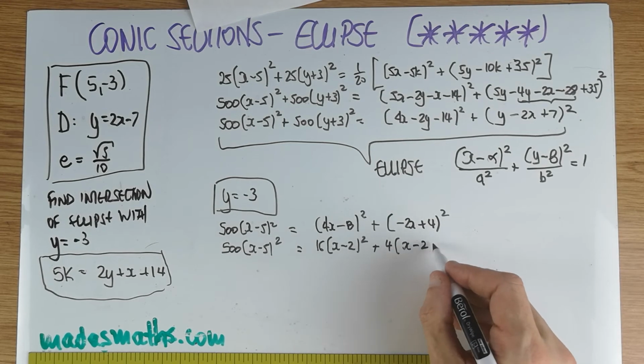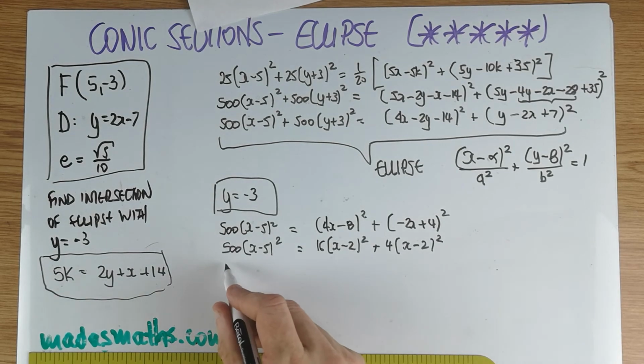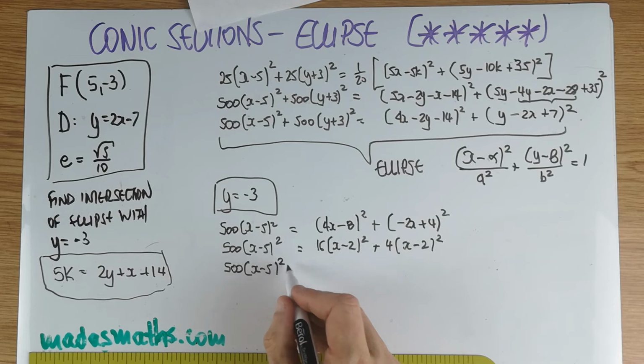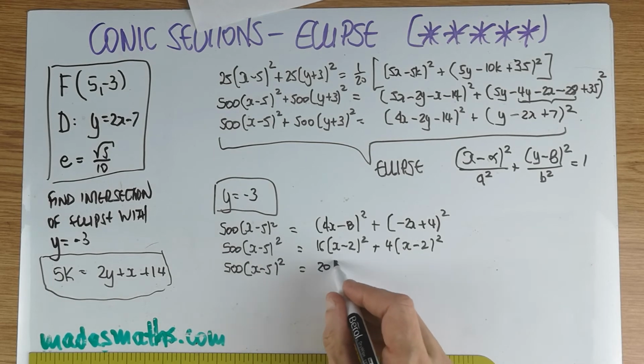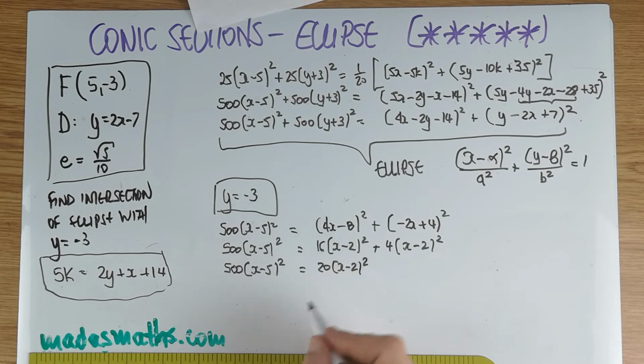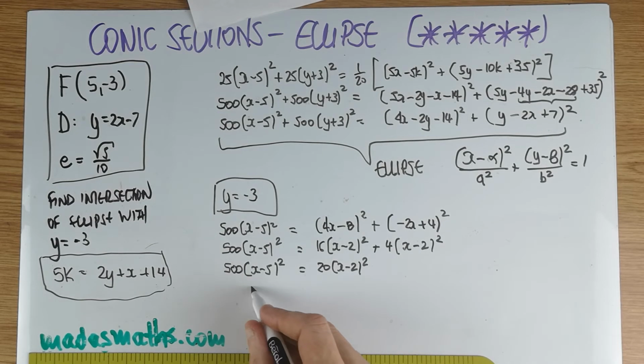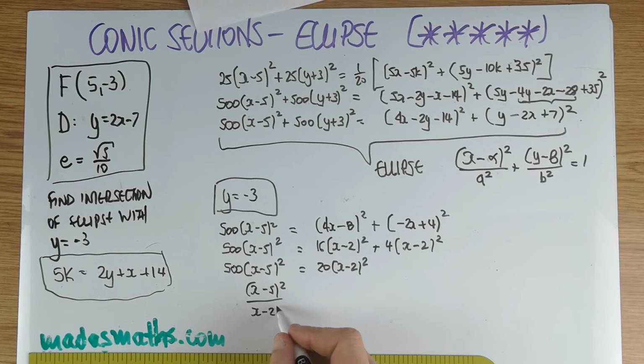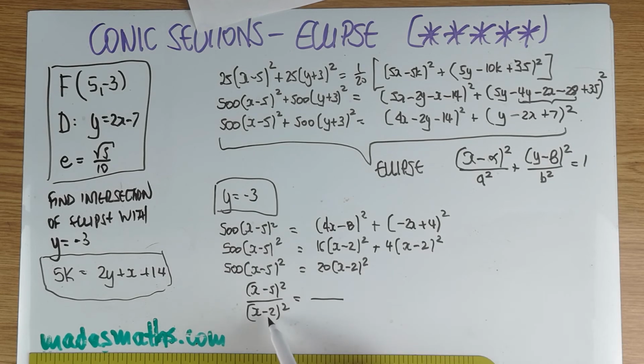And of course, we're going to have (x minus 2) all squared. 500 (x minus 5) all squared is equal to 20 (x minus 2) all squared. And then (x minus 5) all squared over (x minus 2) all squared is equal to, is it 500 divided by 20 or the other way around? The (x minus 2) needs to be multiplied by 20, so that's this way, and this one is the 500.